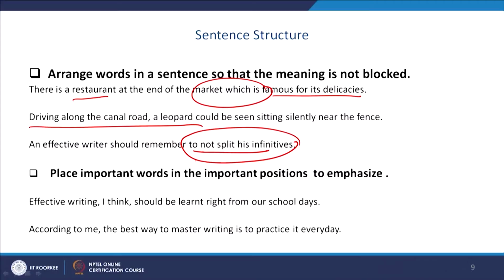So, this sentence could also be improved and said, an effective writer should remember not to split his infinitives. My dear friends, as a writer, when you are writing something, a document, your main aim is also to emphasize, and you can emphasize by making appropriate use of infinitives at appropriate places.